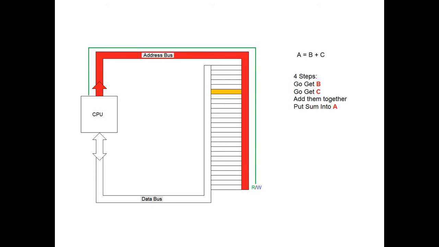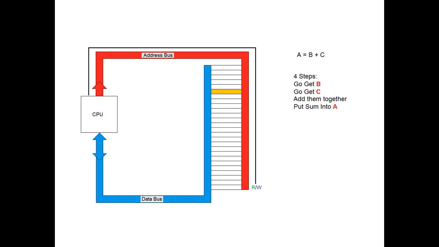That tells the 8 bits to dump their information onto the data bus. Once the information is on the data bus, the CPU will read the information in and store it on one of its internal registers, which is basically like a memory location inside the CPU, where it can do math operations on them.